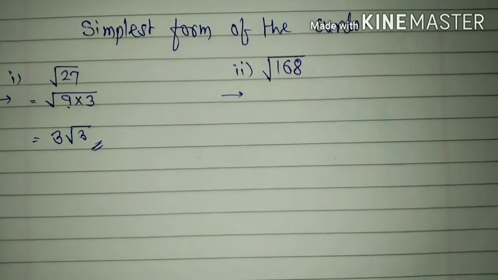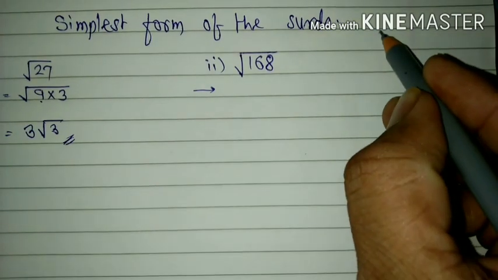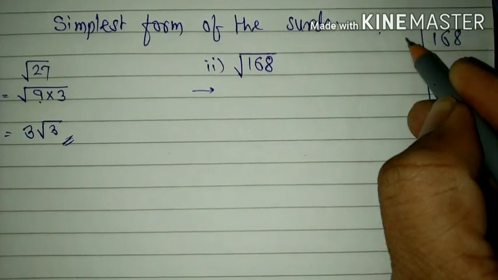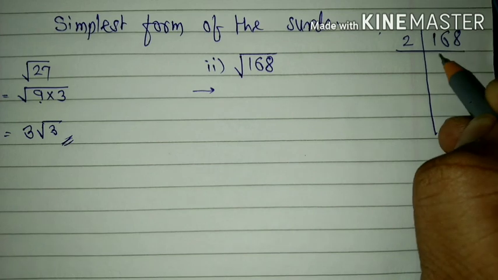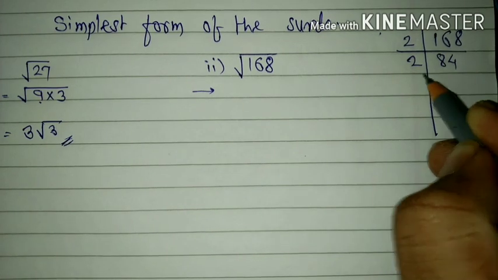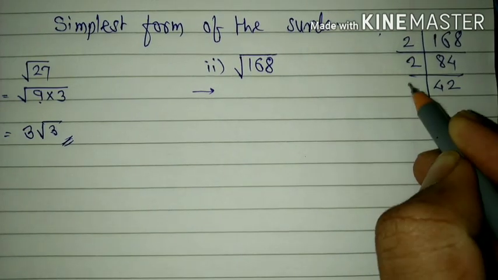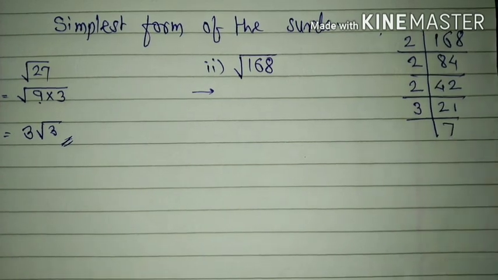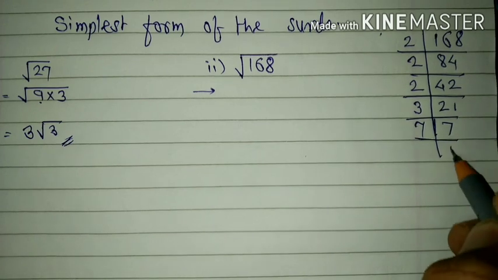Okay, root 168. I am just finding the factors of 168. 168 divided by 2 becomes 84. Divided by 2 becomes 42. Divided by 2 becomes 21. Divided by 3 becomes 7. And 7 ones are 7.